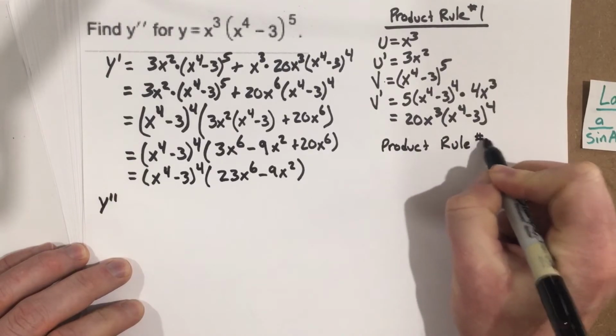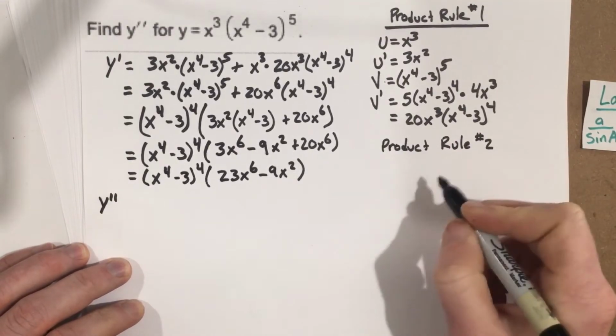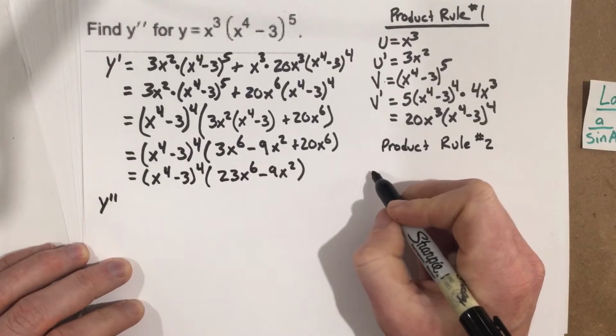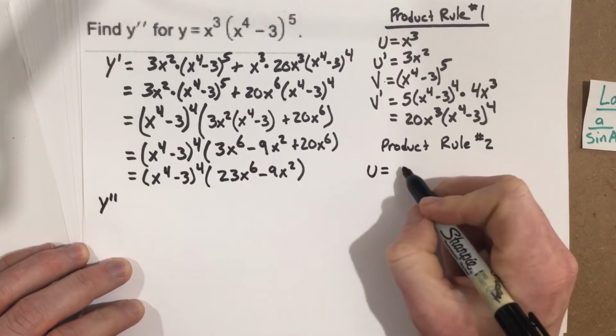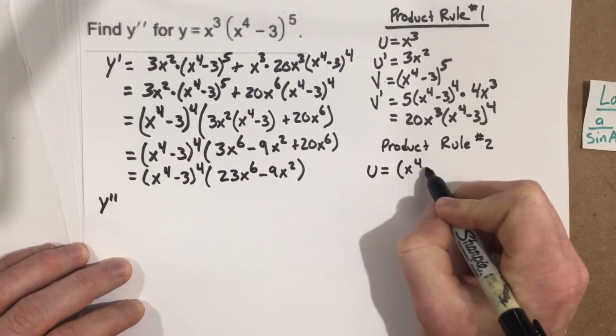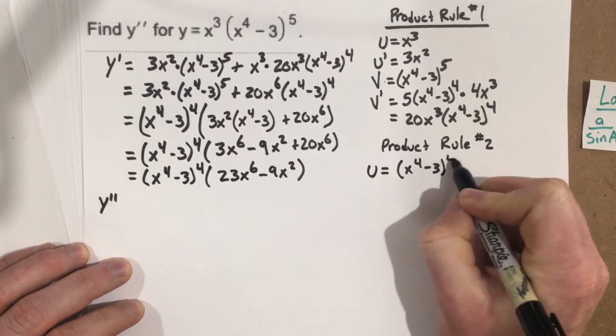I like to number these just to make sure that we know which one goes with what. So we're going to say u equals x to the 4th minus 3 to the 4th.